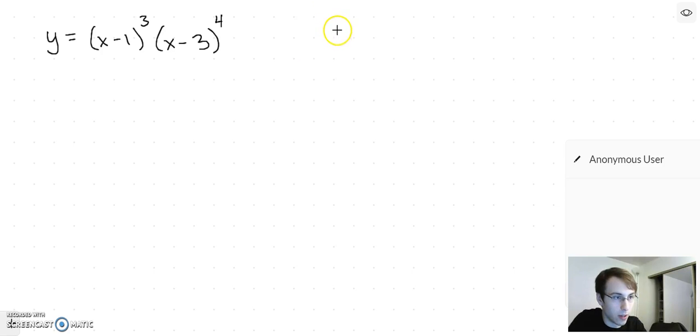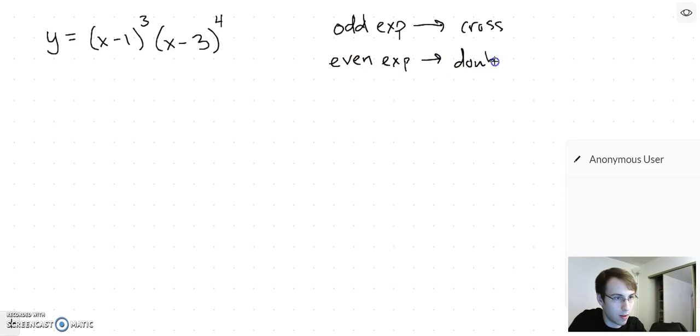So our general rule is that odd exponents cross over, even exponents double back.